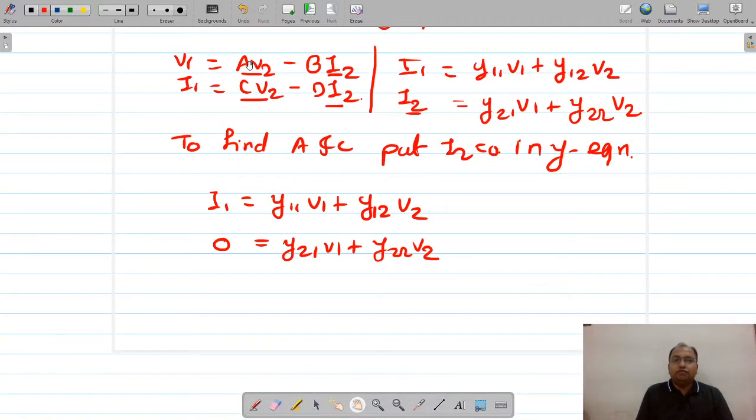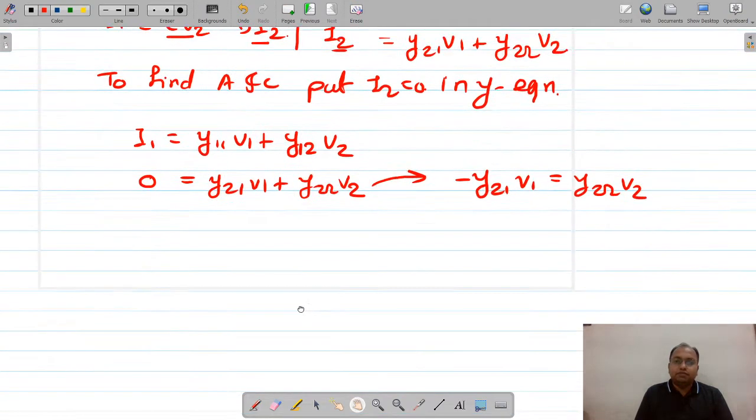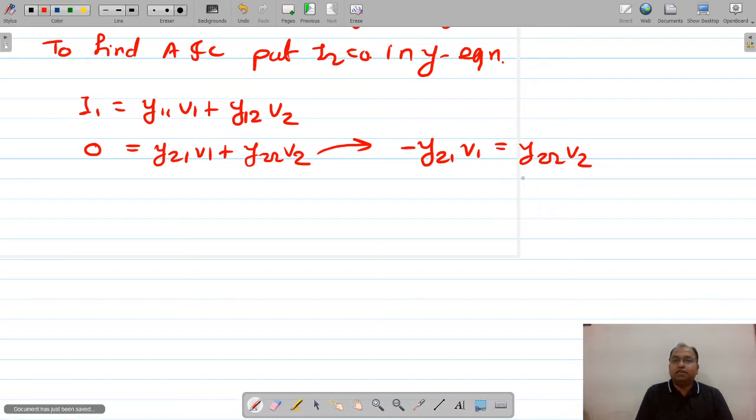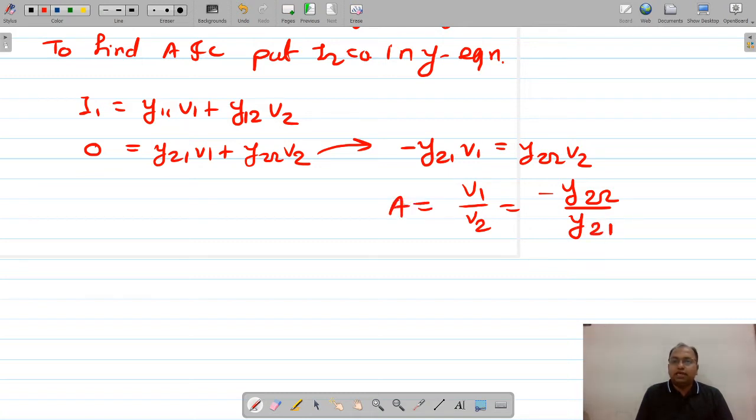A is nothing but the ratio of v1 to v2, so from this equation itself you can get it. So from this equation, let us transfer this v1 to the left hand side. So minus y21 v1 is equal to y22 v2. Is it fine? And then v1 to v2 is coming as minus y22 divided by y21. This is my first parameter, that is A. That's it.